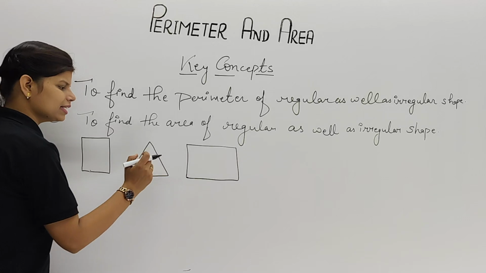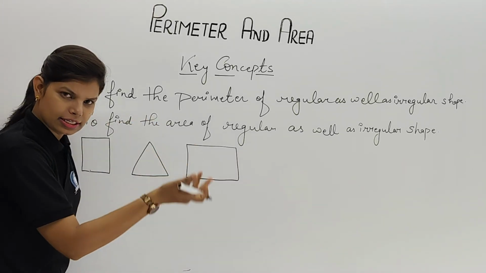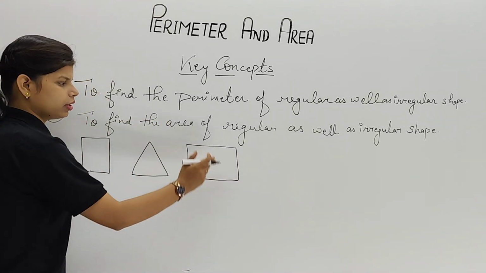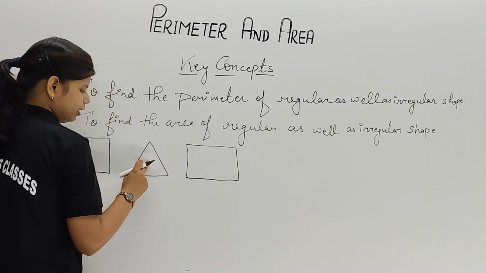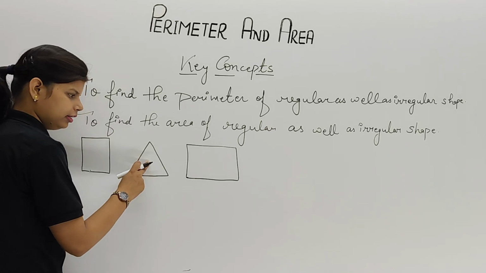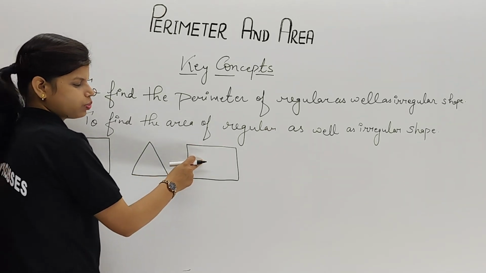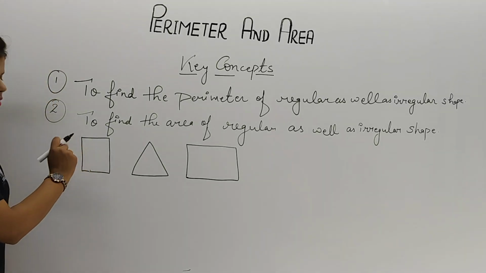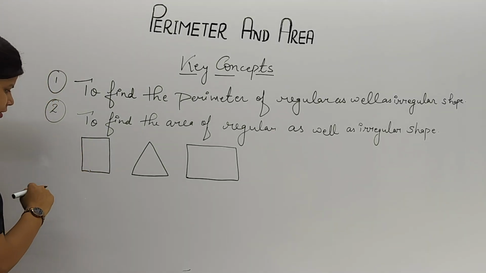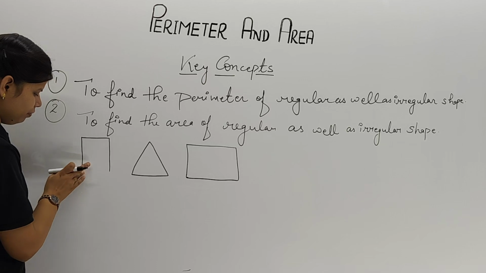Polygons are figures with three or more sides, enclosed with a certain definite shape. So this is a polygon, its name is triangle. This is also a polygon, its name is rectangle. This is also a polygon, its name is square.